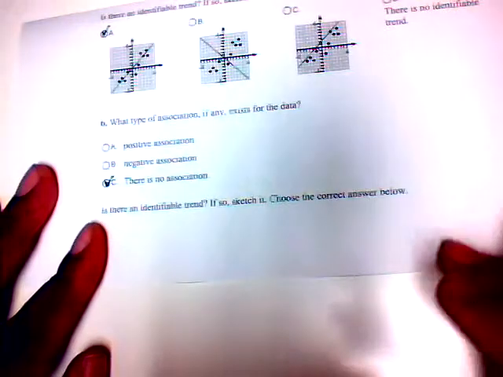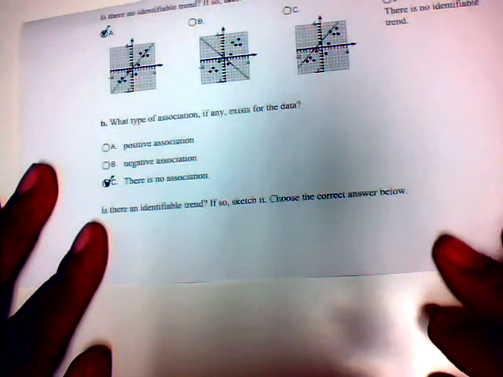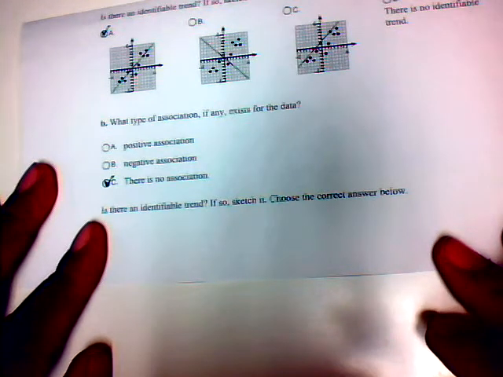So in this case, we can say that there is no association. And is there an identifiable trend? Okay, now these are the choices that you'll select. If there's no association, then that means that there is no identifiable trend. So we choose that particular answer. There is no identifiable trend.